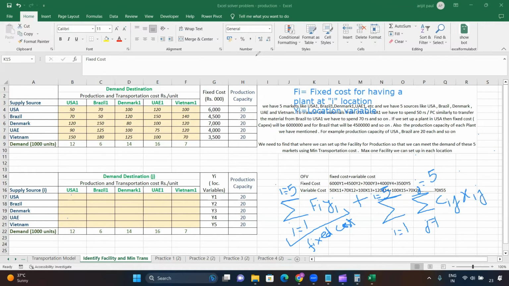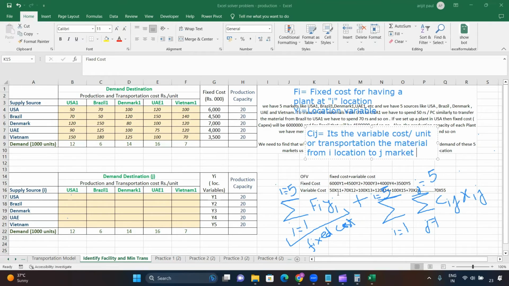Now what is Cij? It's the variable cost per unit for transporting the material from location i to market j. So that is basically the variable cost.